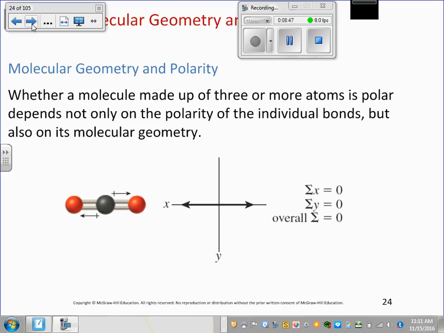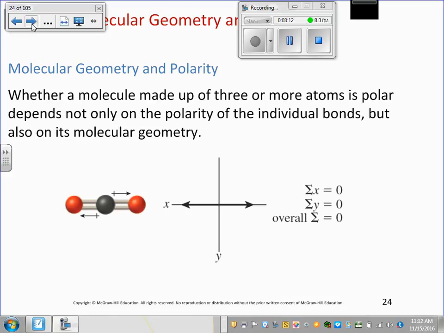Periodic table, which one is further to the right? Carbon or oxygen? Oxygen. So oxygen is more electronegative. So where they share these electrons, the oxygen wants them more. So it's going to be polar. If I draw the dipole moment arrow, the electrons are going to be shifted this way for this bond. So this bond is polar.